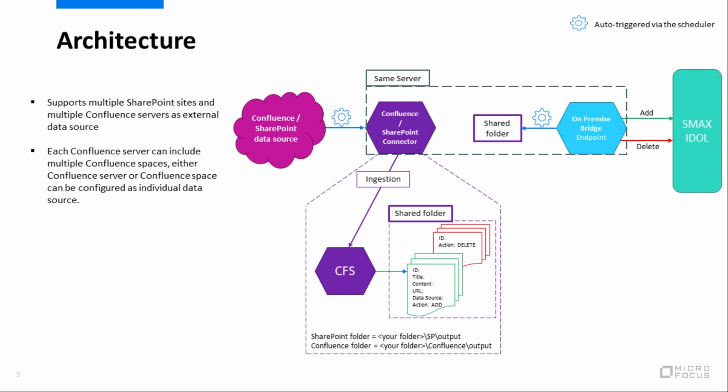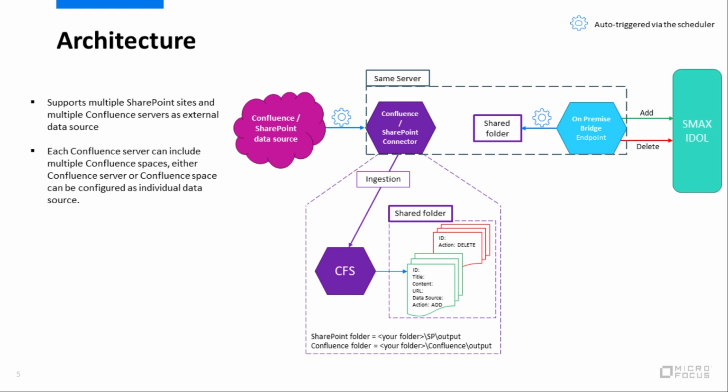Either new content is added there, or existing content is flagged as deleted in case it can no longer be found on SharePoint or Confluence. The connector pulls the data source once an hour and refreshes the shared folder on your server. That's the first component, in purple color. This is a separate process.